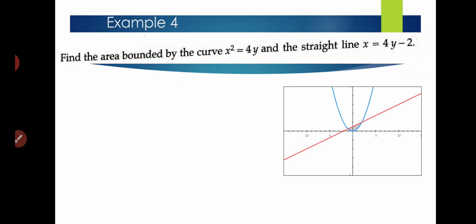Now we are supposed to find out first the points of intersection, which are very important. If you solve simultaneously, you will see that the points of intersection come out to be 2 comma 1 and minus 1 comma half. Obviously the extent of x coordinate is from minus 1 to 2, so the whole integration is going to be from minus 1 to 2, and we can see the straight line is above the parabola, so the integration is going to be the straight line minus the parabola.